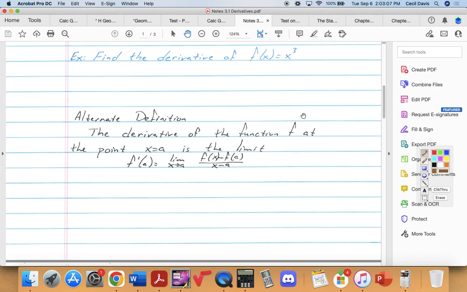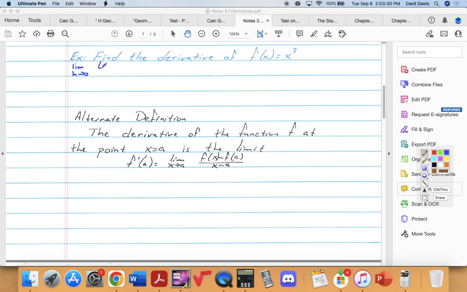So let's find the derivative of f of x equals x cubed. So that's going to be the limit as h goes to 0 of f of x plus h, so that'll be x plus h cubed, minus f of x, which is just x cubed, over h.